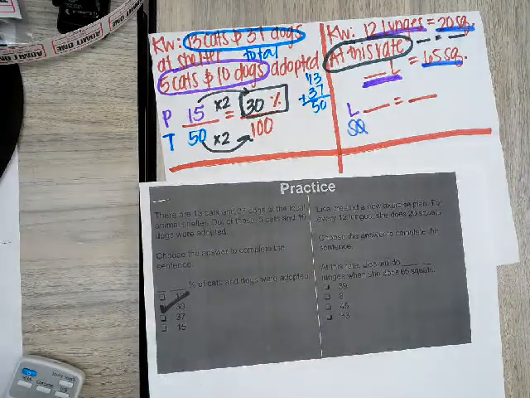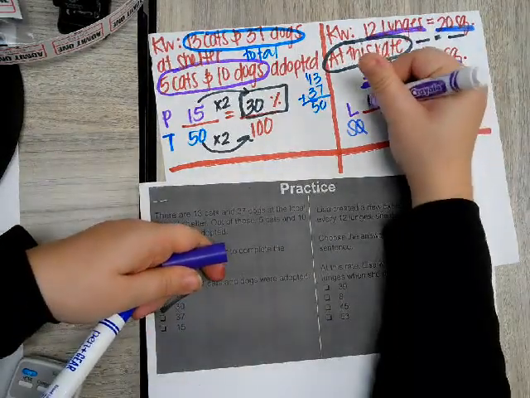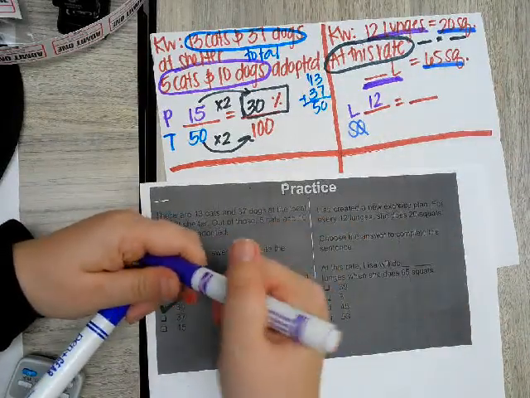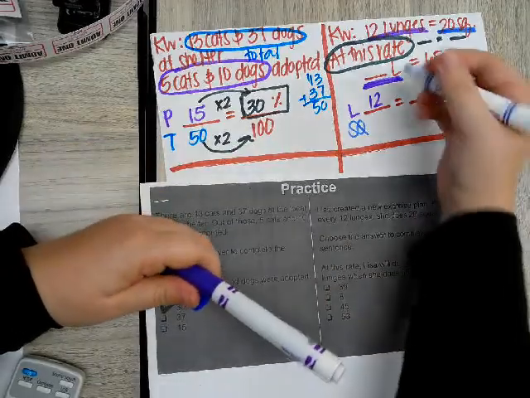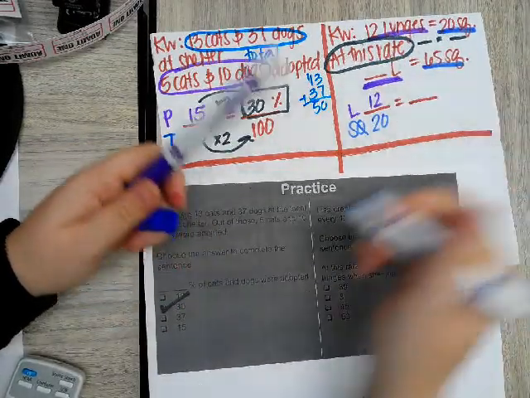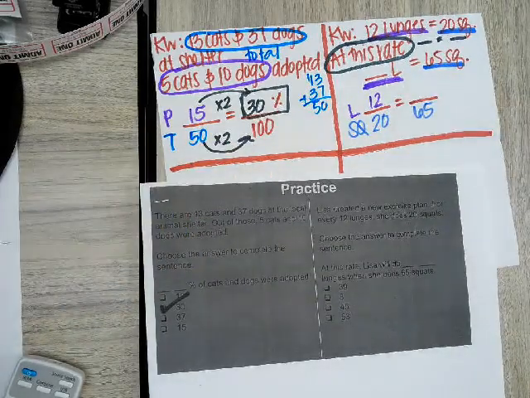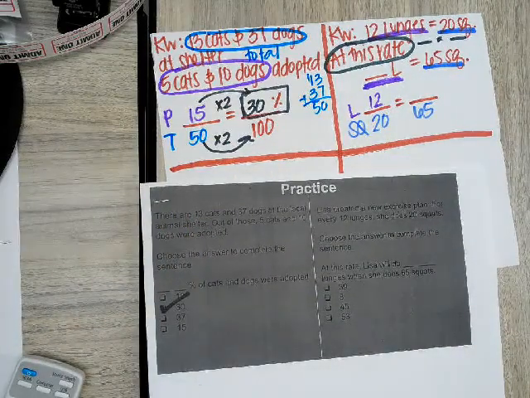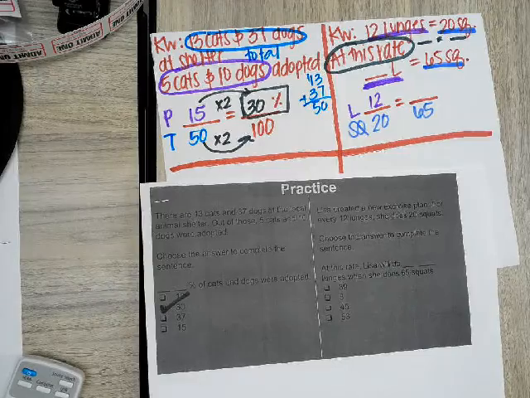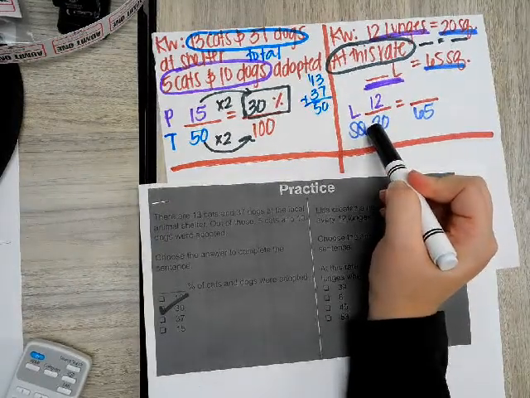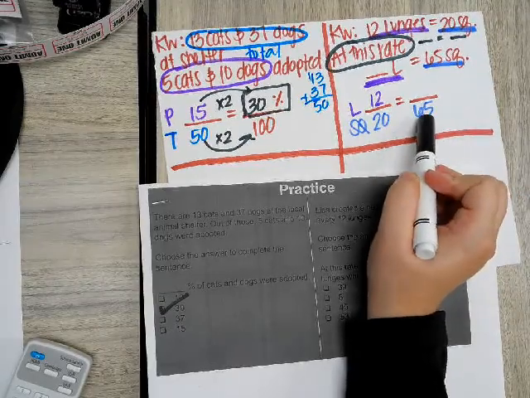So we know 12 lunges for 20 squats, and we're looking for whatever lunges for 65 squats. Okay. Now, can I get from 12 to 20? No. But can I get from 20 to 65? No.